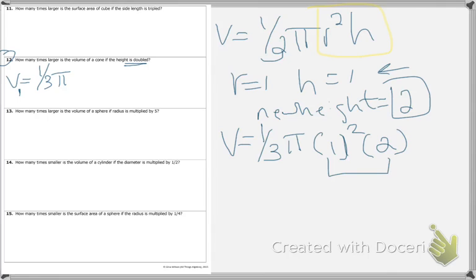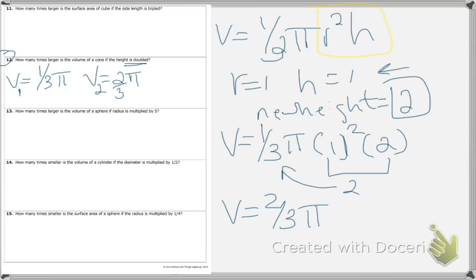So if we resolve this, this becomes 2 times that. I'm going to get 2/3 pi. So volume 2 is 2/3 pi.